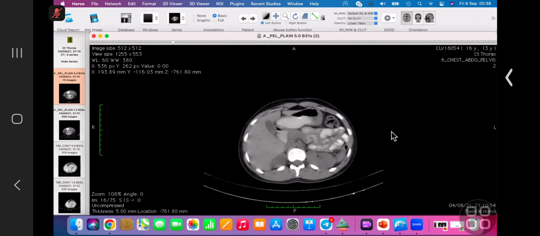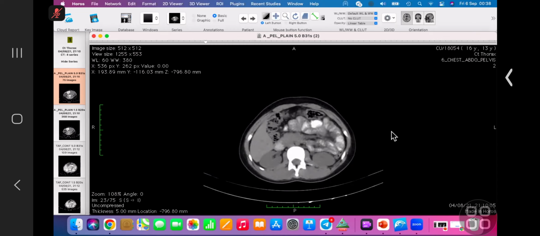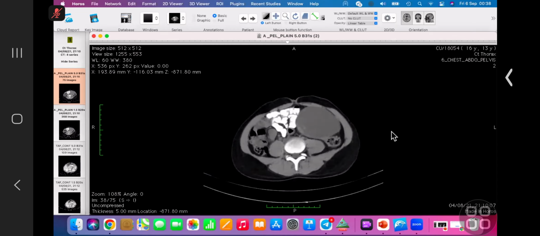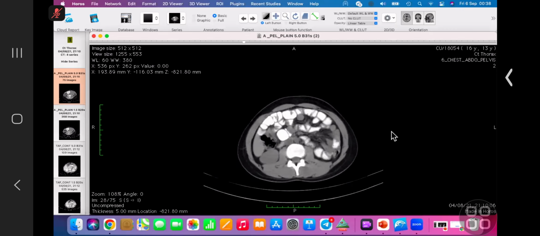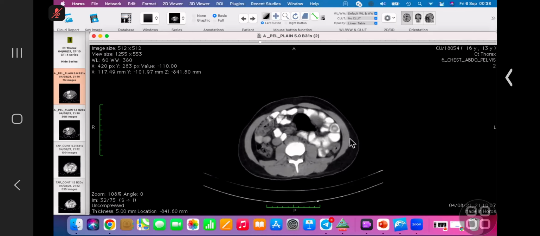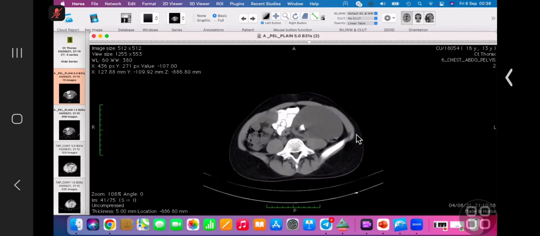I cannot appreciate any, although in my routine practice also I will change the window for better evaluation of fat lobules. Also, I noticed through my scrolling that there is an area in the small bowel which could represent telescoping of small bowel, and it could represent incidental finding of intussusception.